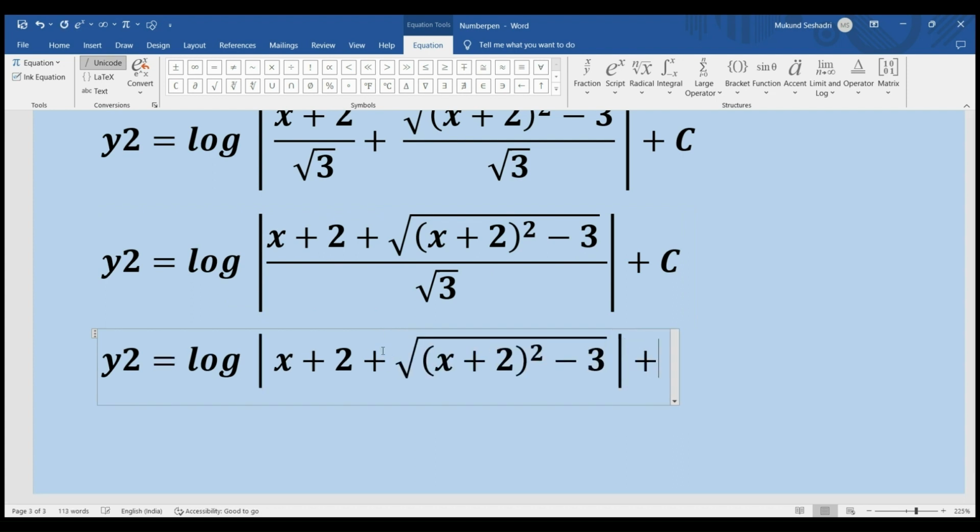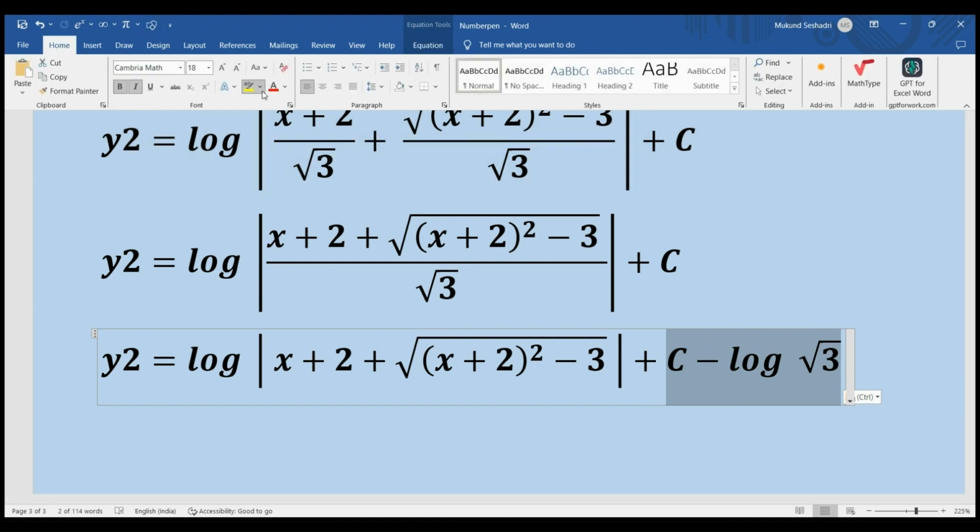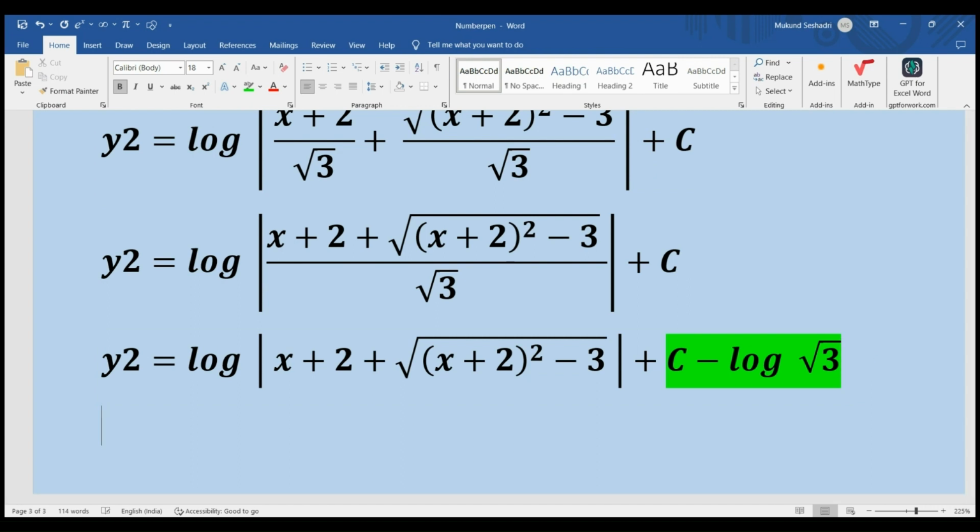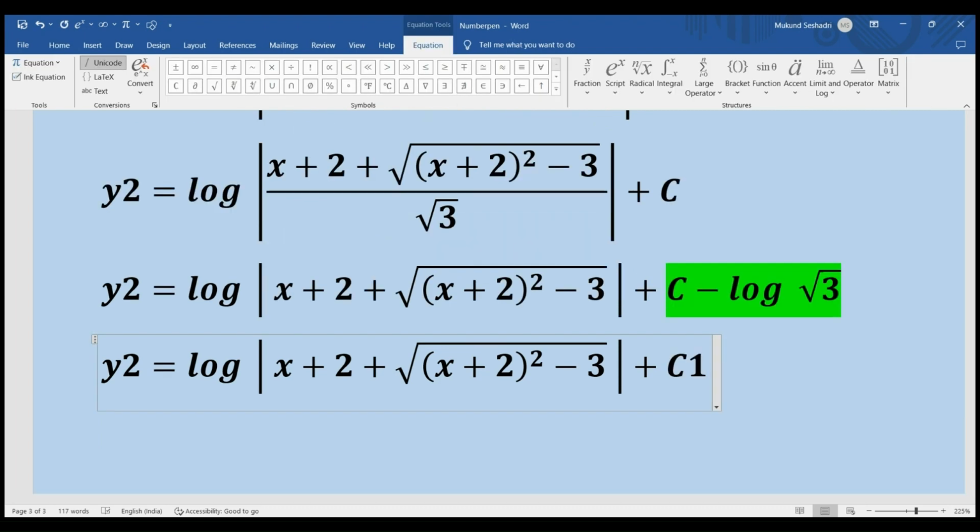And then I have a constant c minus log of root 3. Now c minus log of root 3, I can combine because that's also a constant, and in the subsequent line I will write it as another constant c1. So this is my y2. I hope you folks are with me.